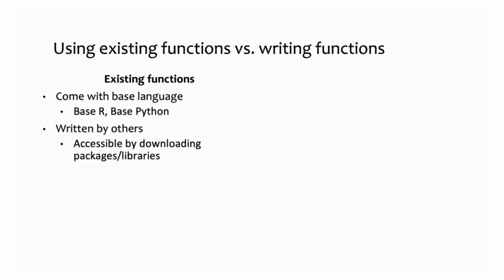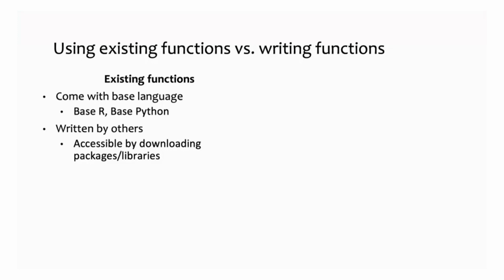But then to base R or base Python, you can download and integrate other packages and libraries. So sort of tools that other people have written, and suites of functions that other people have written for particular tasks.